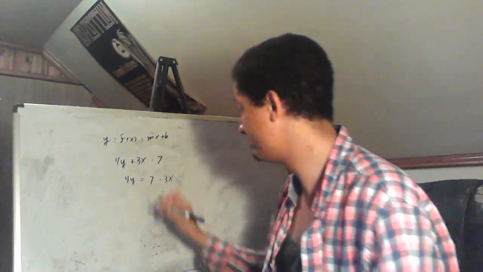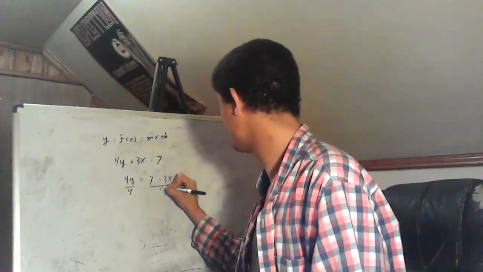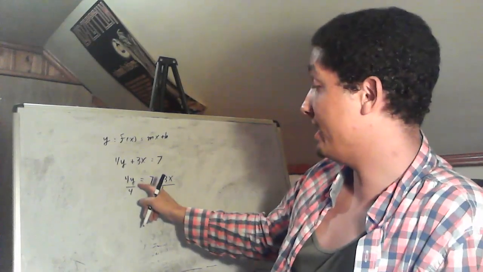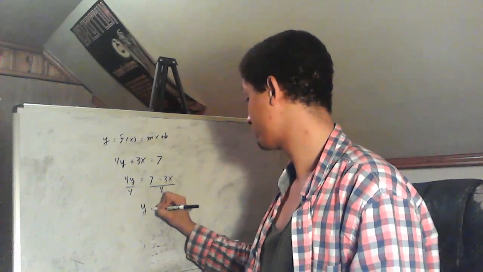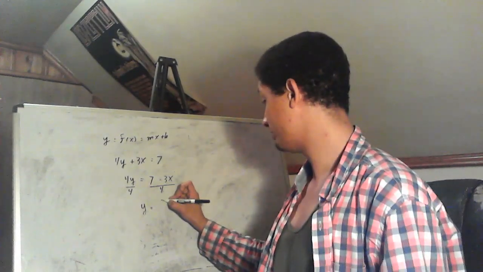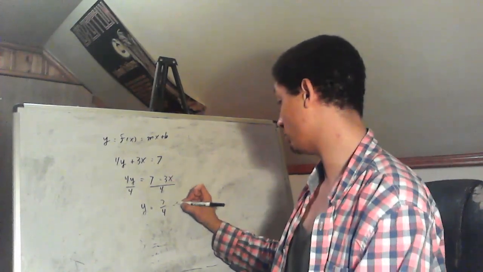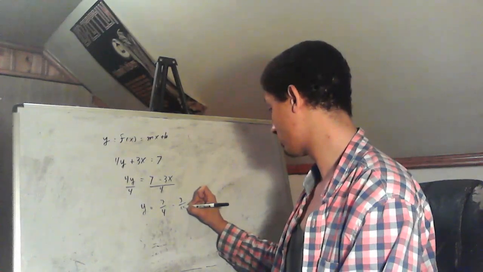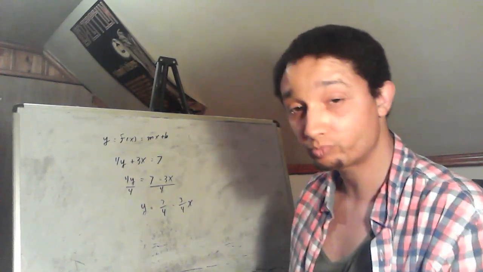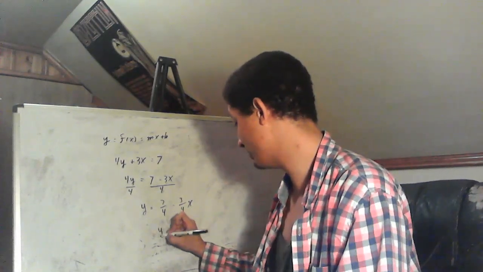Now just divide both sides by 4. So now you have y equals 7 over 4 minus 3 over 4 x. And so now you can just rearrange that.